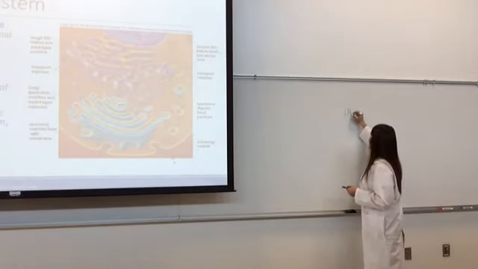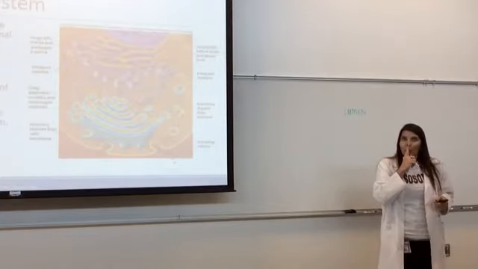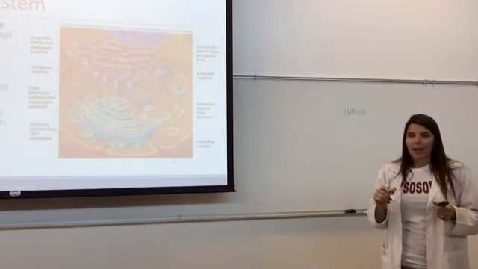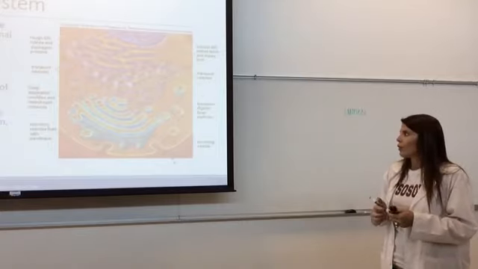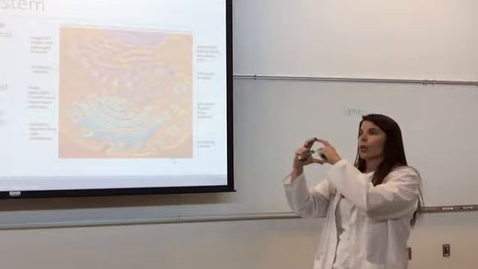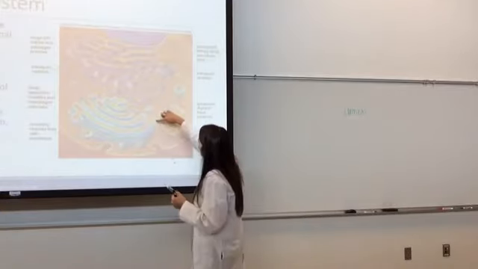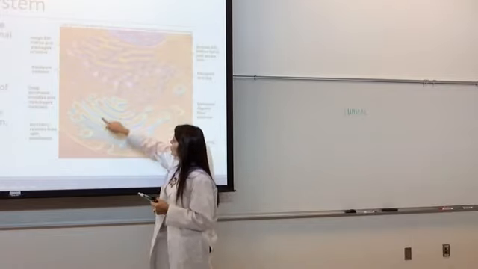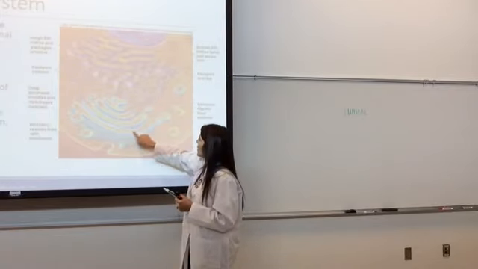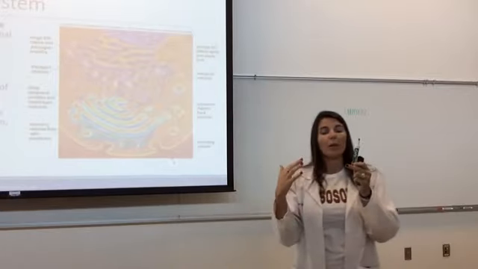The first term is lumen. When you reference the lumen, you're talking about the opening. So when I look at this structure here, the full structure, the lumen is this open space in the middle. We use the term lumen a whole lot in anatomy.